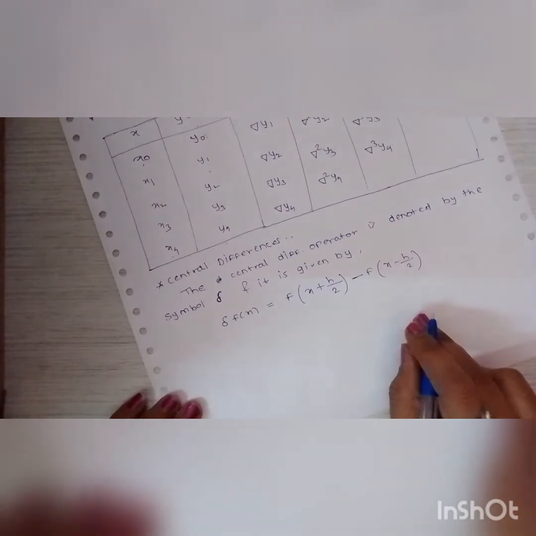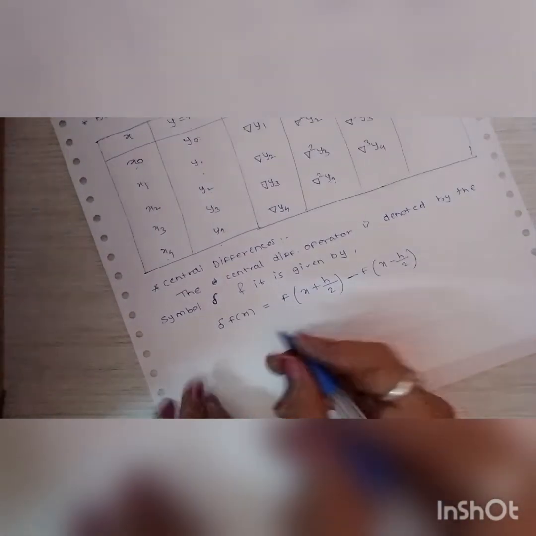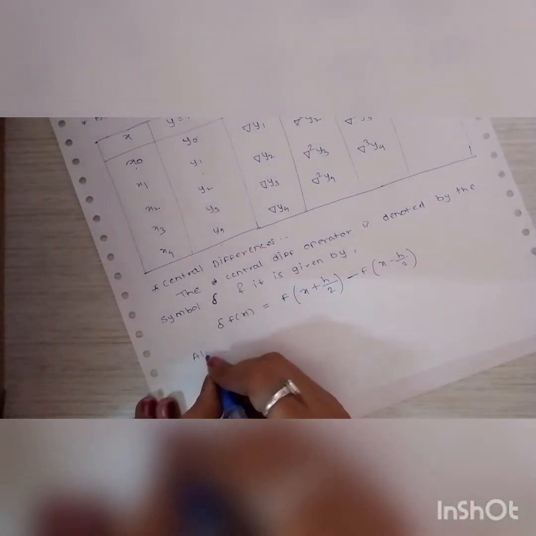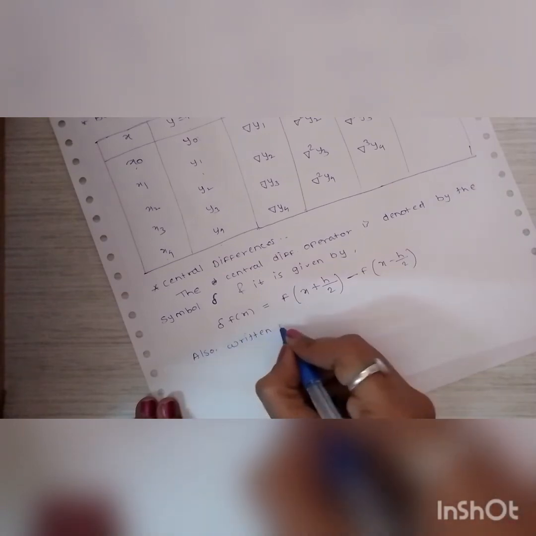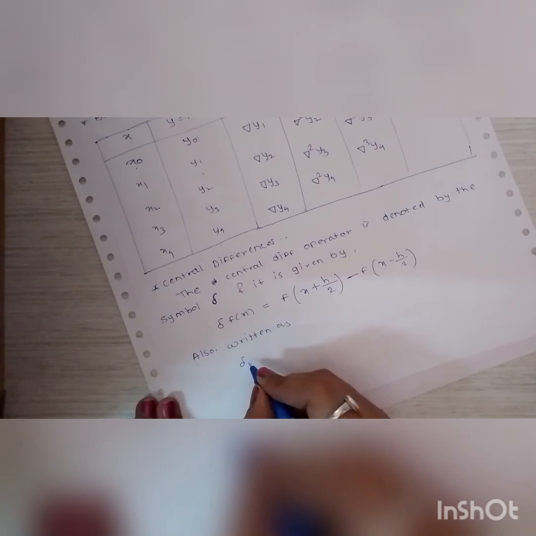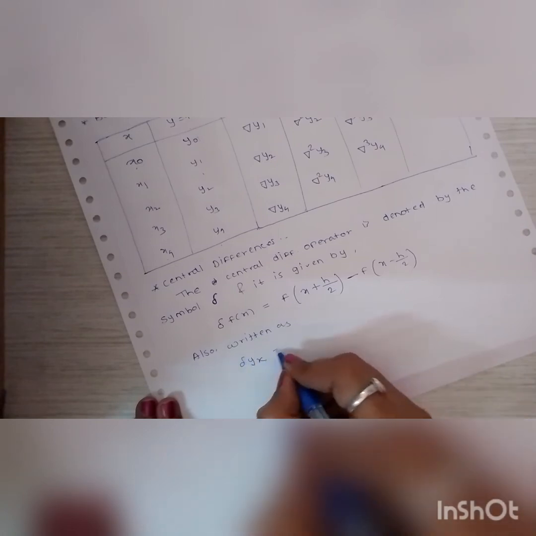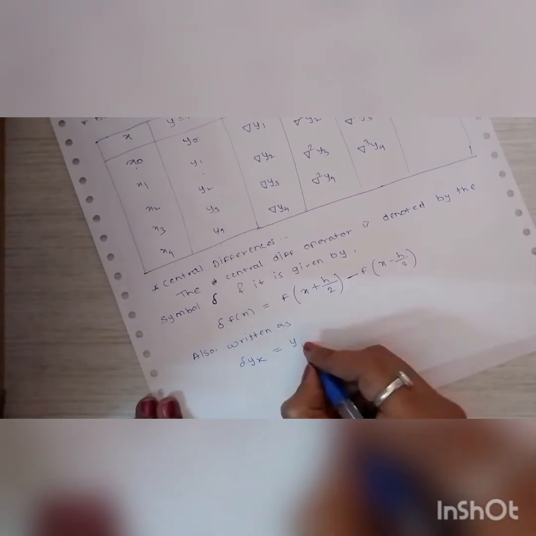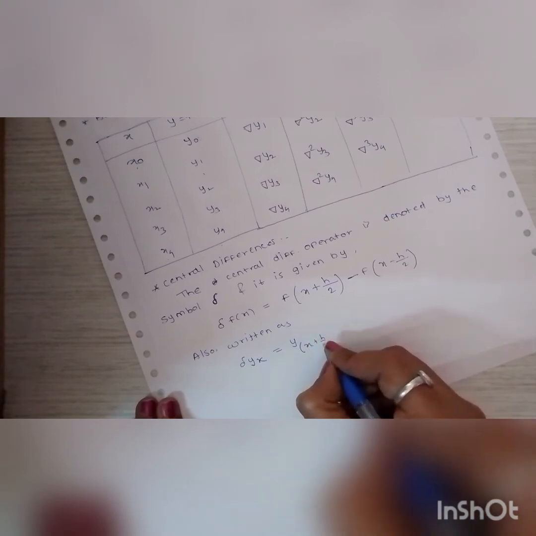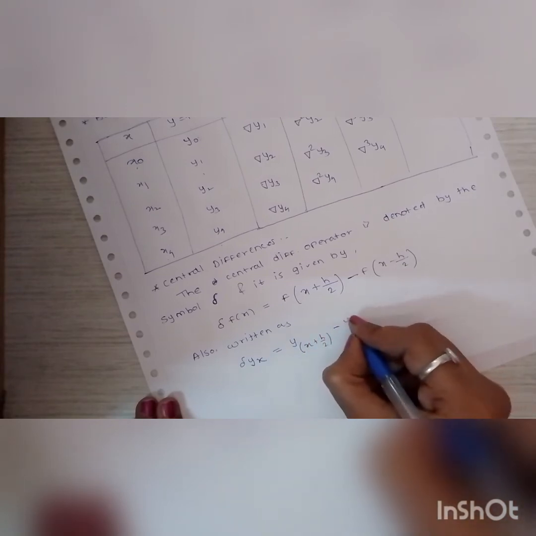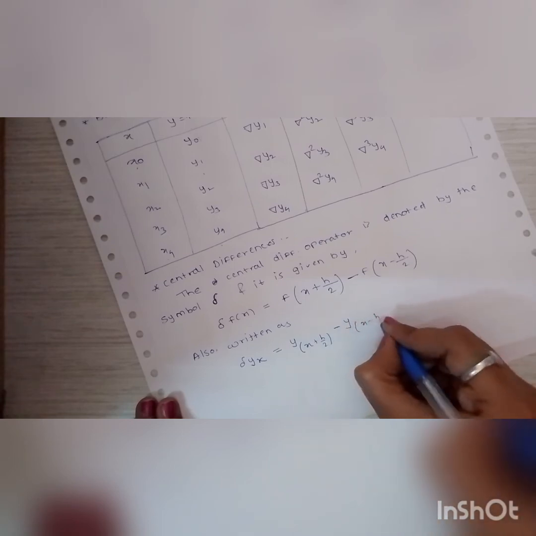This can also be written as delta y x is equal to y suffix x plus h by 2 minus y x minus h by 2.